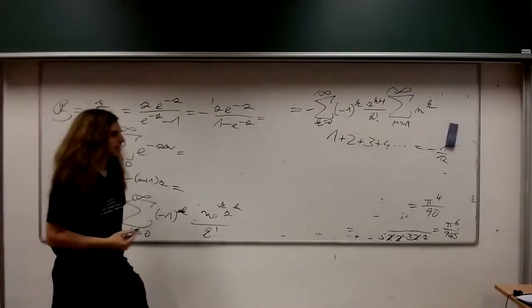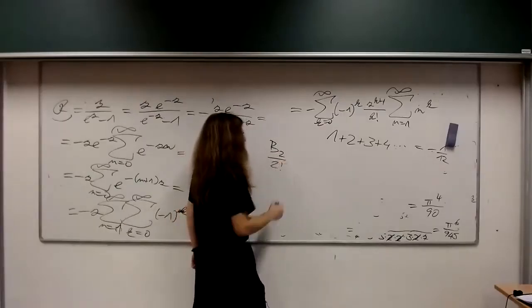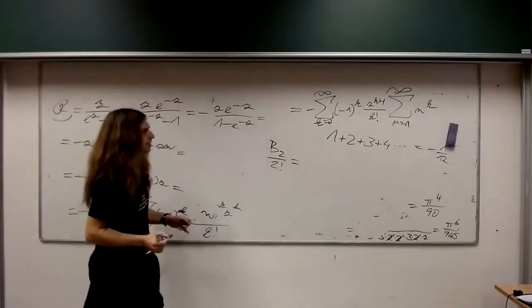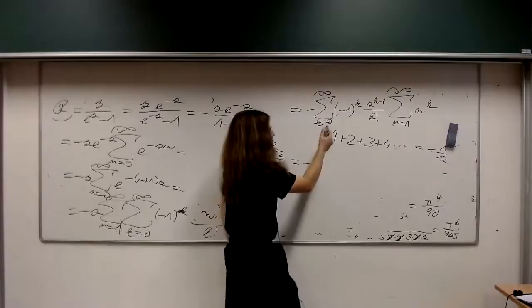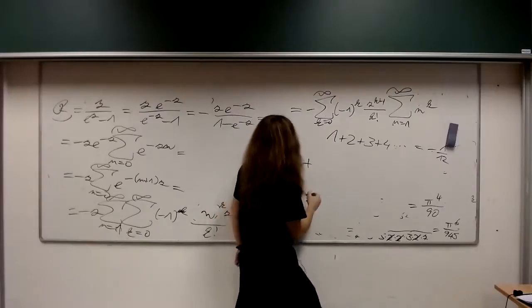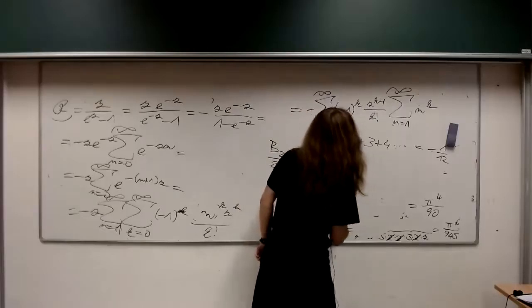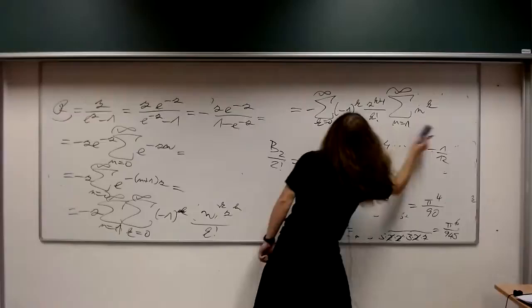So we know that that has to be equal to b2 over 2 factorial. That's the coefficient at z squared. And here we have minus, and the minus is a plus 1 over k factorial.